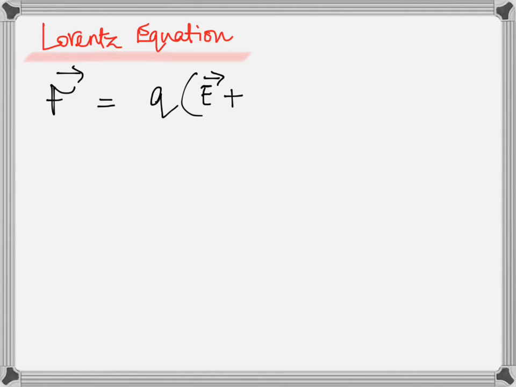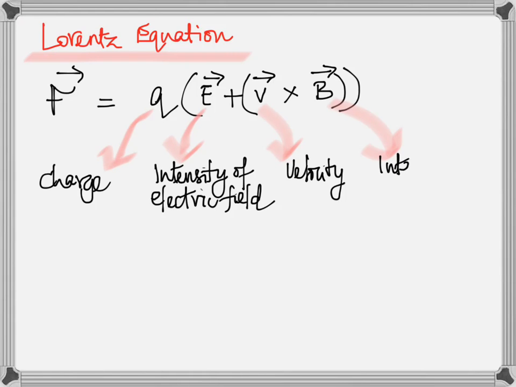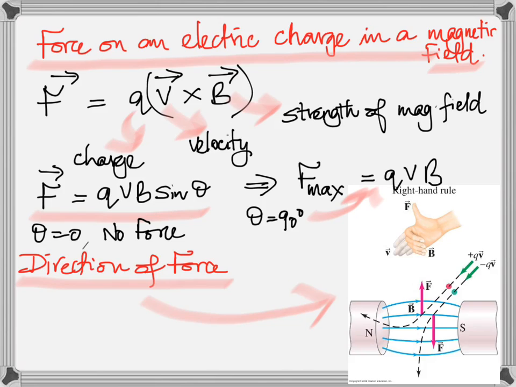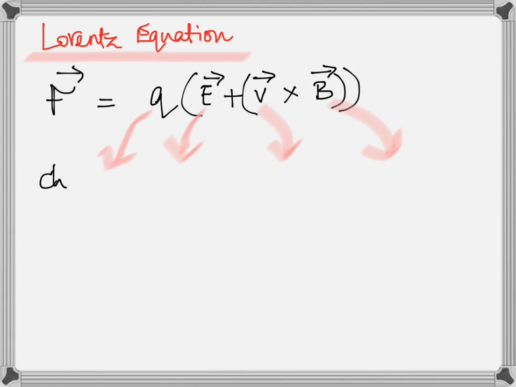Lorentz equation actually gives the total force acting on a charged particle that enters a space that has both an electric field and a magnetic field. The first term, Q E, gives the electric force, and the second one, Q V cross B, gives the magnetic force.